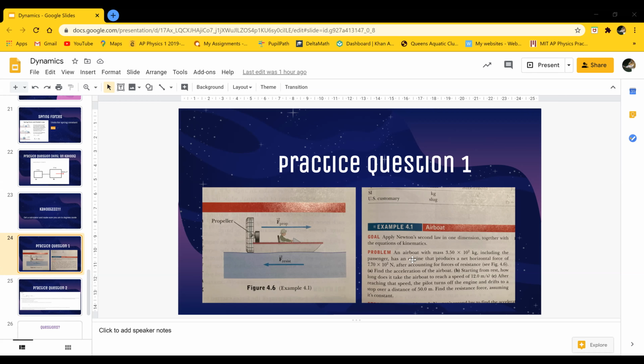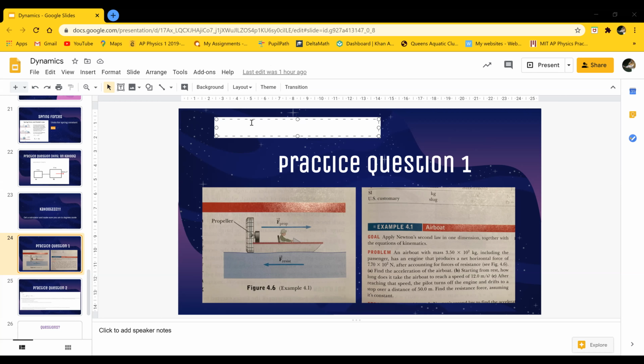The question is: an airboat with mass 3.5 times 10 to the second power kilograms, including the passenger, has an engine that produces a net horizontal force of 7.7 times 10 to the second power newtons. One way that I like to solve physics problems is to write out all the givens.